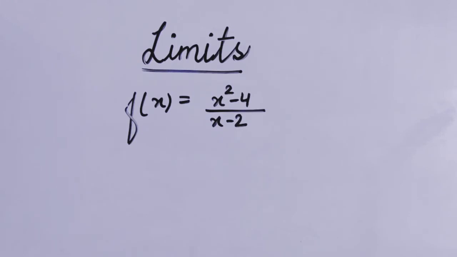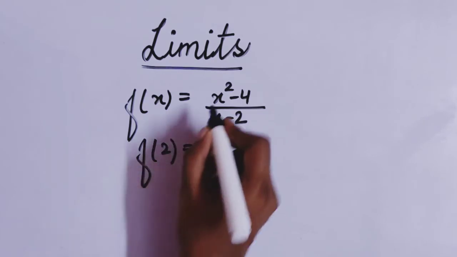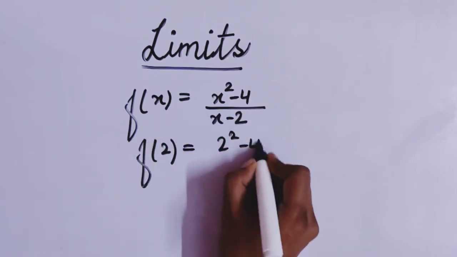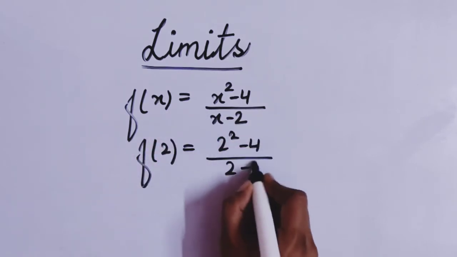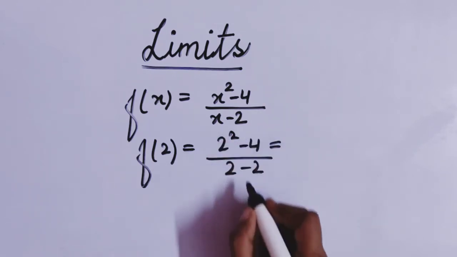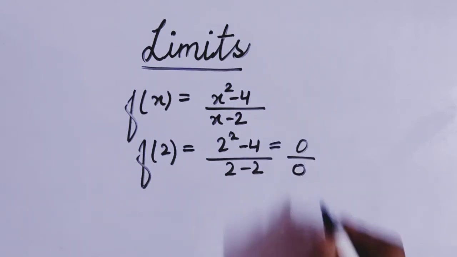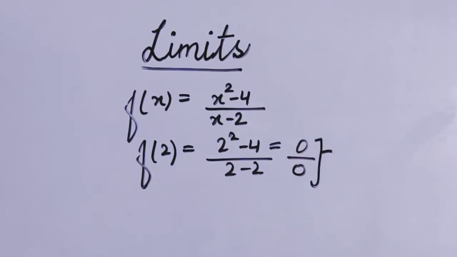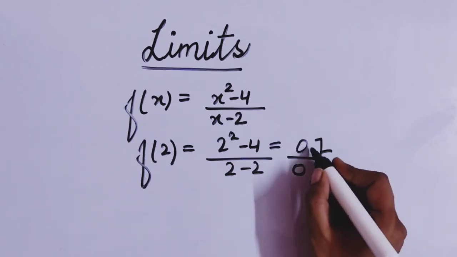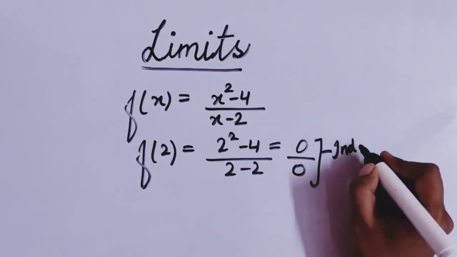So its value at 2 is 2 square minus 4 upon 2 minus 2, which is 4 minus 4 is 0 upon 2 minus 2 is also 0. So here we cannot find the value of this function at 2. Students, the form 0 by 0 that you got is your indeterminate form.